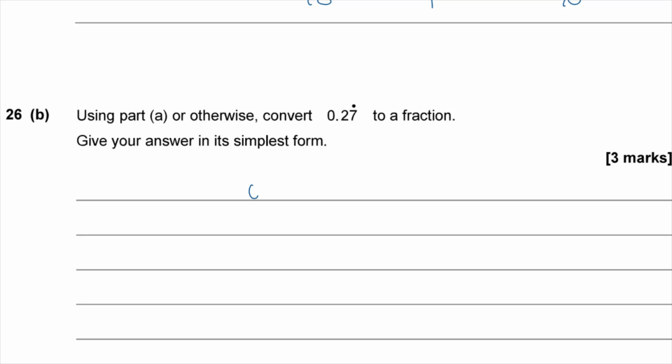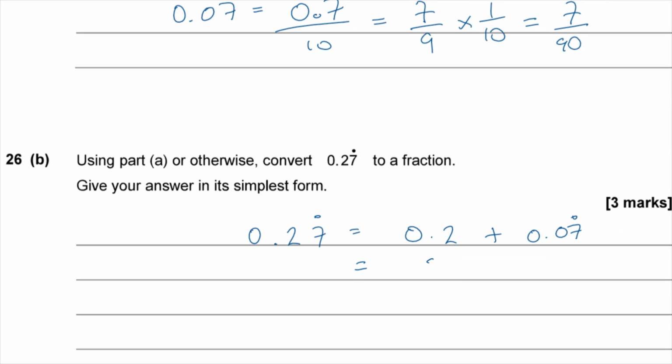So 0.27 recurring is the same thing as 0.2 plus 0.07 recurring. Now 0.2 as a fraction is 2/10, which is the same thing as 1/5, isn't it? Well, let's just write it down as 2/10.